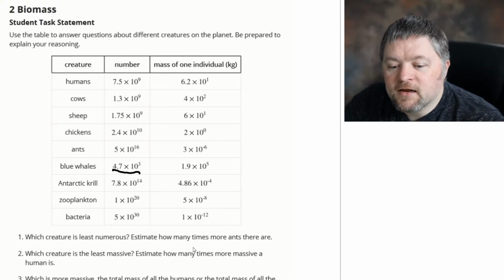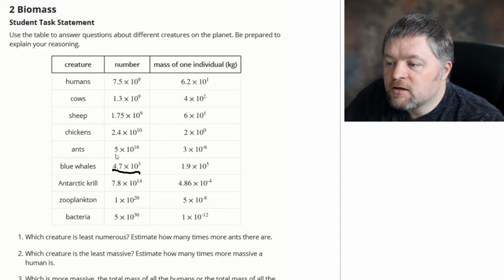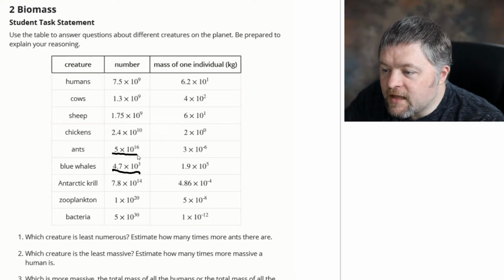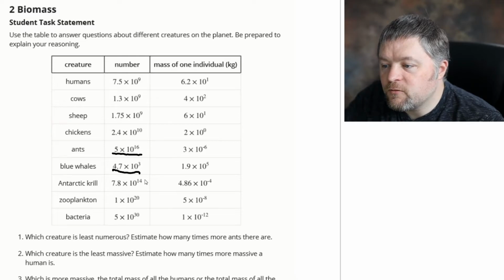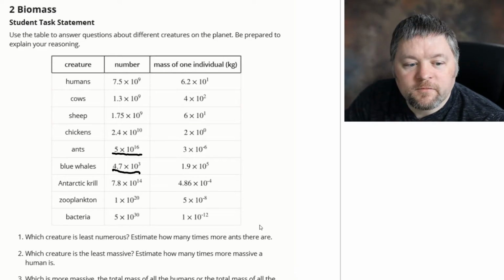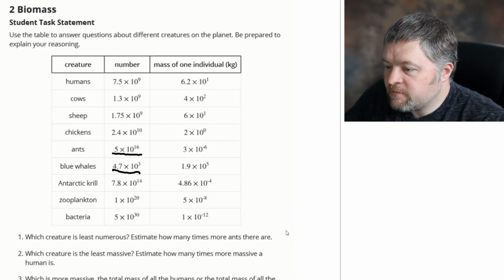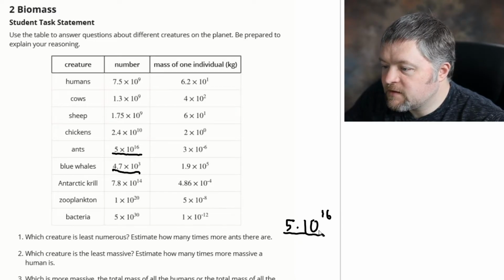Estimate how many times more ants there are. So how many times more ants are there than blue whales? That will be a division problem. 5 times 10 to the power of 16 divided by 4.7 times 10 to the power of 3.